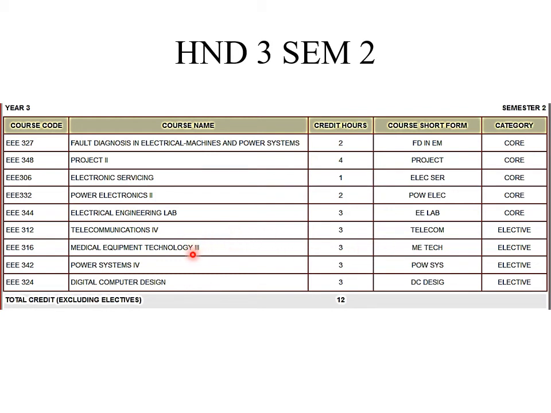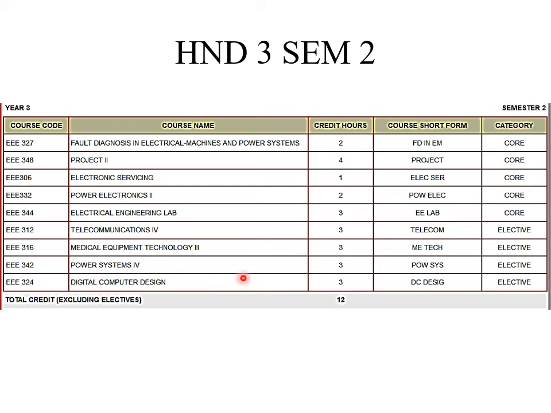If your option is telecommunication, then you have to choose only Telecommunication 4 as elective, and you have to leave the rest of the electives, okay. And if you belong to medical equipment technology option, then you have to choose Medical Equipment Technology 3 as an elective. And if you belong to power system options, then you have to choose Power Systems 4.